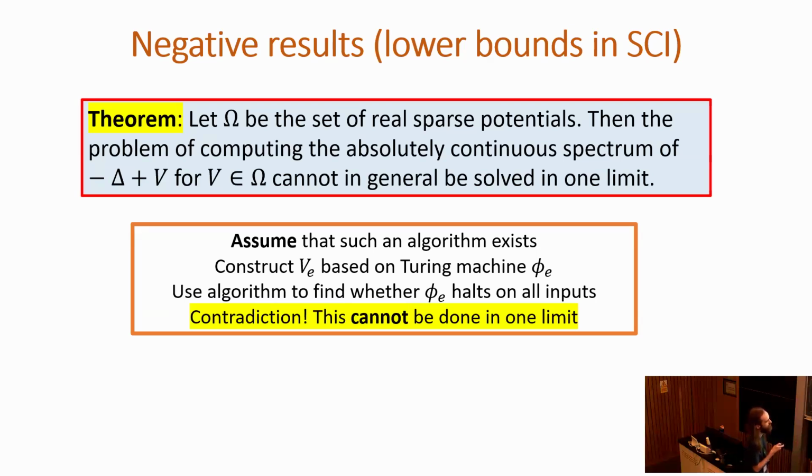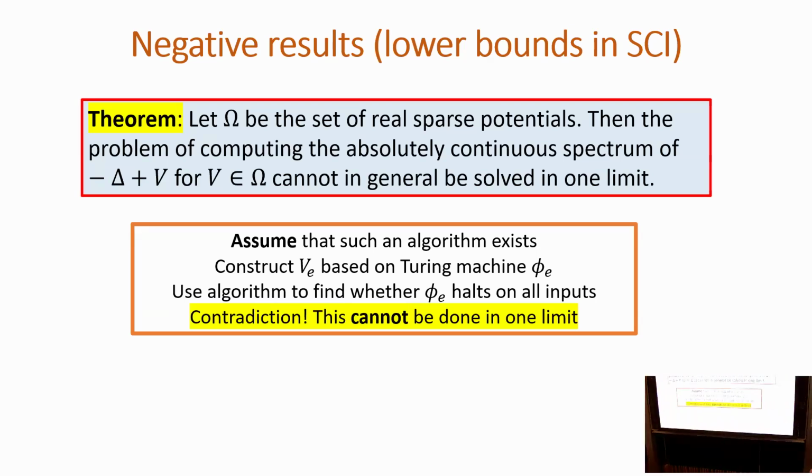This potential will encode information about the Turing machine, and then we can use the algorithm to compute information about its absolutely continuous spectrum, and then we can somehow deduce whether or not it halts on all inputs, and this is known to not be done in one limit. So I can sketch the idea here.